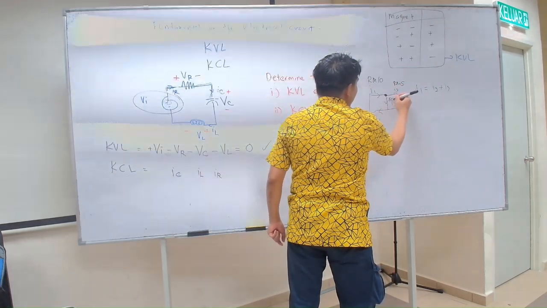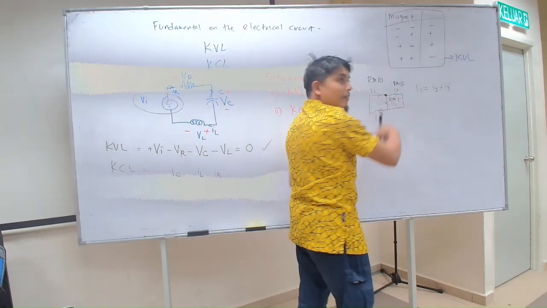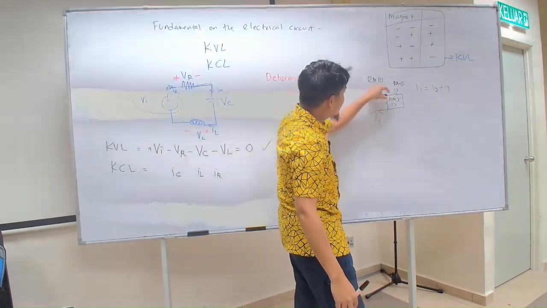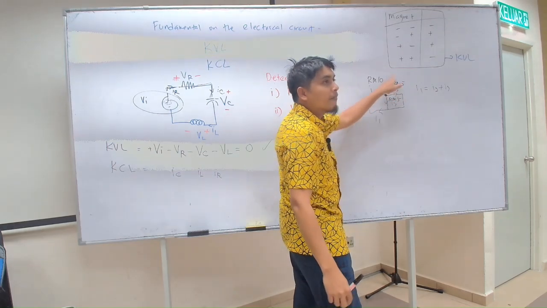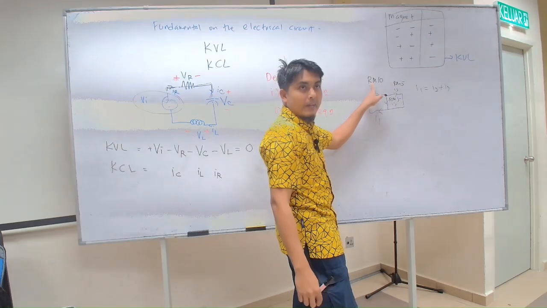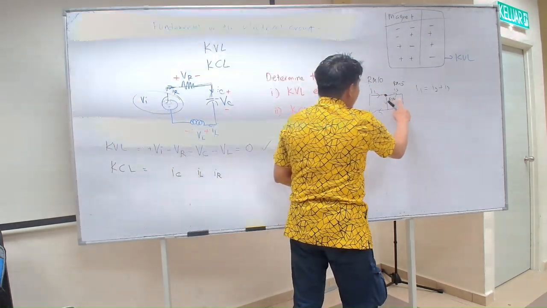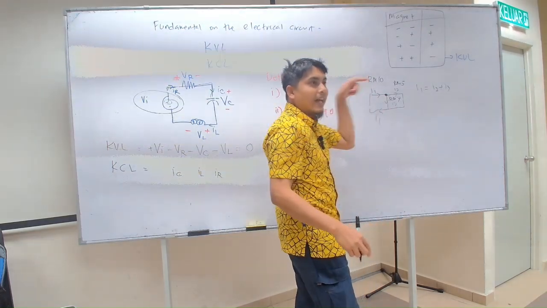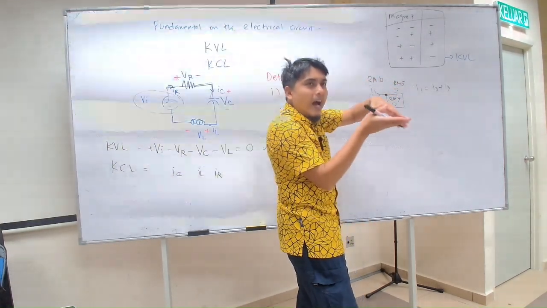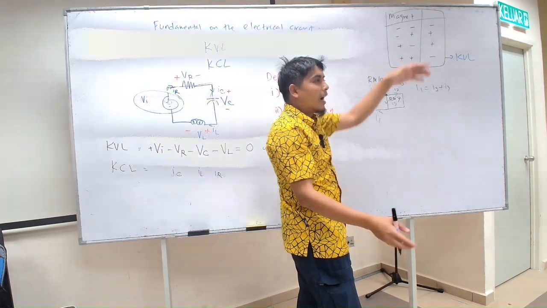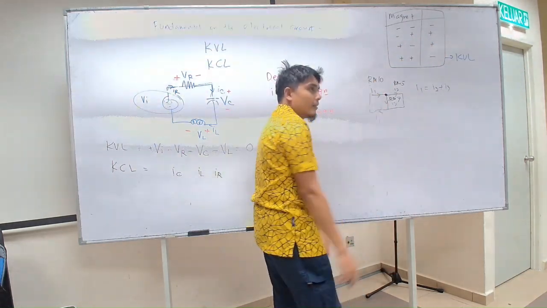The second gets another RM 5, of course. Because if you have 10 ringgit and you split it in 2, the total must be RM 10. You cannot say this is RM 7, RM 5. You give 10 ringgit, but the rest get 12 ringgit. It's wrong, is it? Same thing with the current.